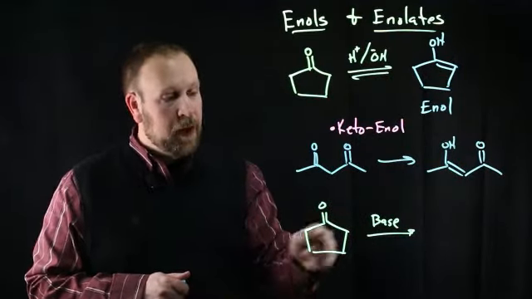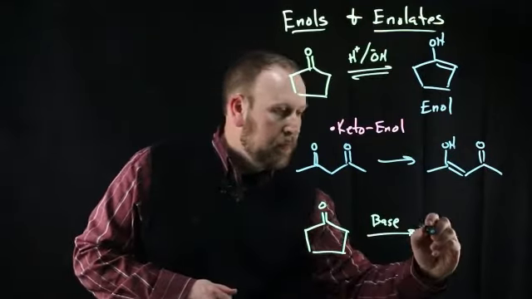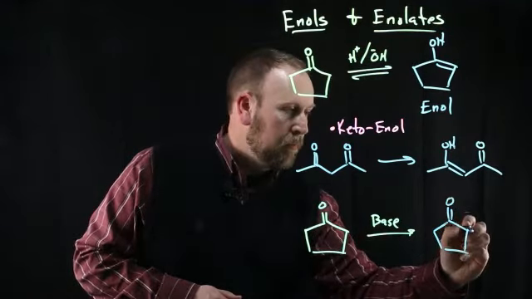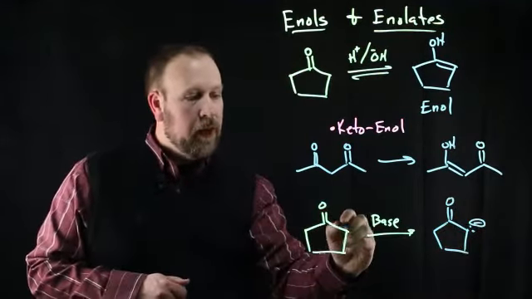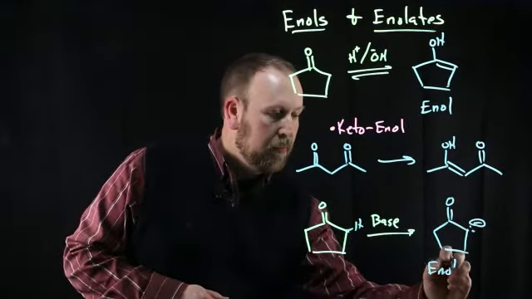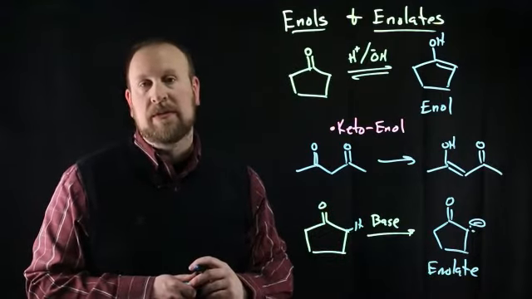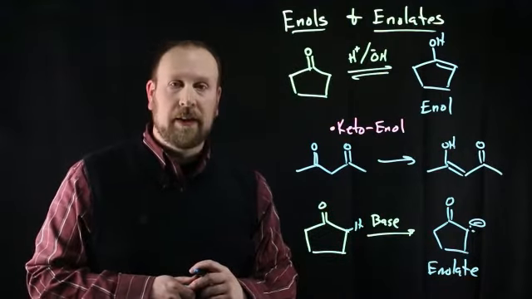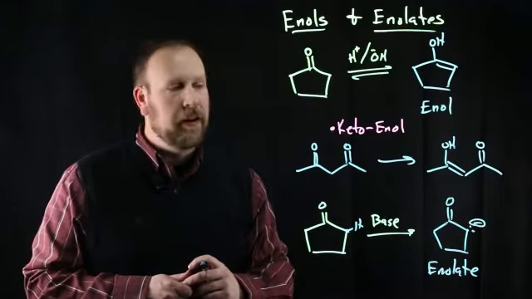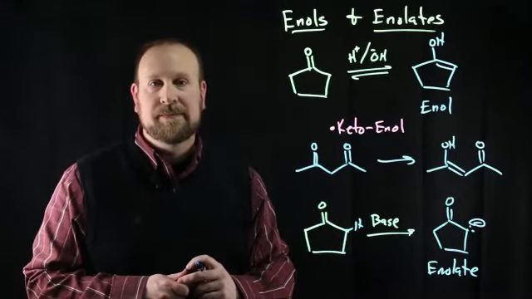If we take the same type of ketone and treat this under basic conditions, we can deprotonate one of the hydrogens here to form what we call an enolate. The chemistry of the enolate and enols is going to be similar, but it is going to be distinctly different. In the next section, we'll look at the acid-base considerations and determining which side of the equilibrium we're going to favor in the case of the enolates.